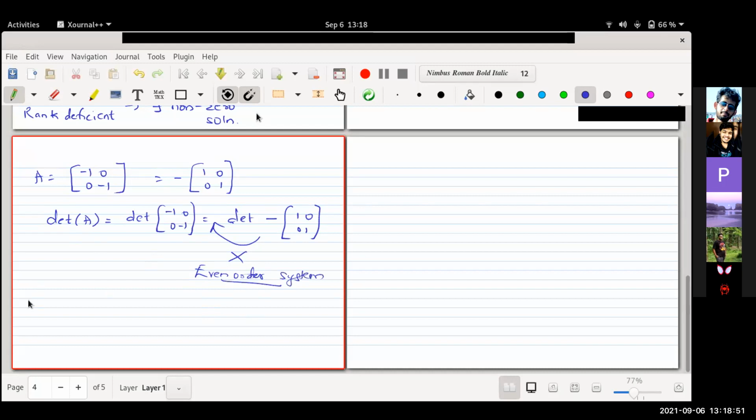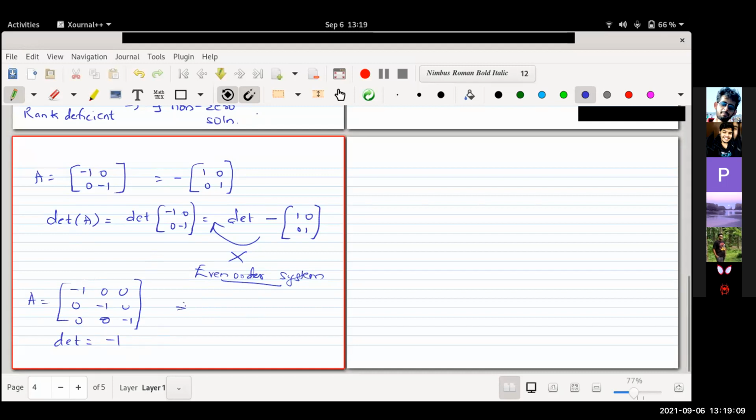And if you consider the odd order, let A equal, this is just an example, a very generic case, minus 1, 0, 0, 0, minus 1, 0, 0, 0, minus 1. Here clearly the determinant equals minus 1.